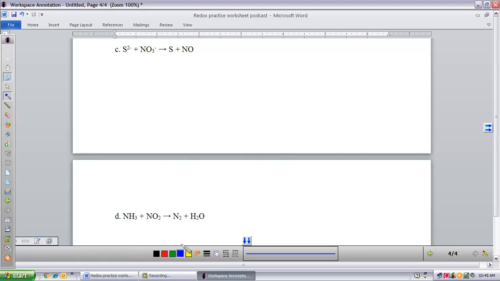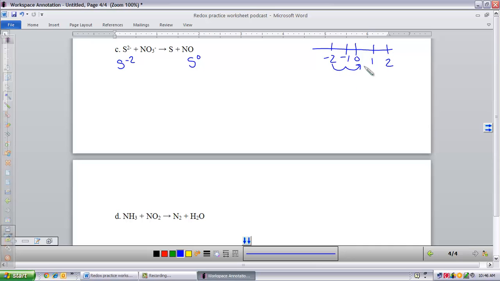Our sulfur over here is a -2. We know that because it's given, so that makes it easy. Our sulfur on this side is a 0. It's uncombined; it hasn't gained or lost any electrons, so there's nothing going on there. If you think about a number line, here's 0, here's -1, here's -2.